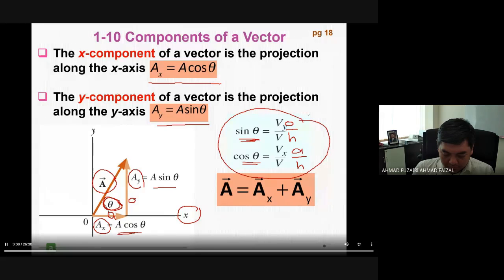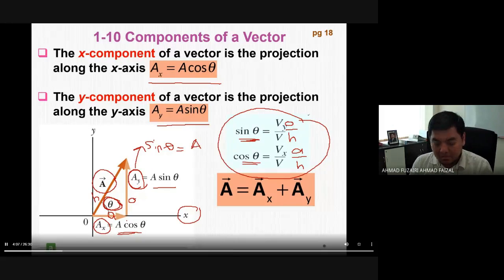Your opposite is AY and your hypotenuse is vector A. So if you want to find AY, you bring this side over: AY is equal to A sin theta. The same goes for this one.